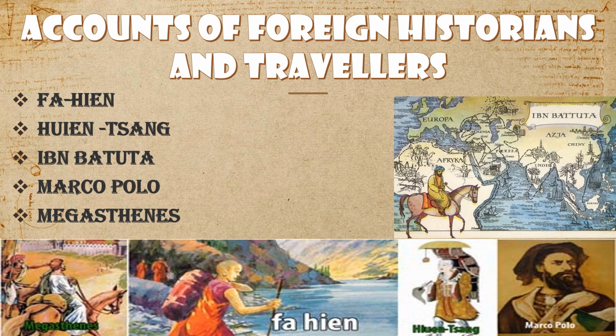And the last is Megasthenes. His famous work Indica gives us a valuable account of the Indian state and society in the Mauryan era. So he was also very popular because of his book Indica, which contains lots of information about the Mauryan empire.